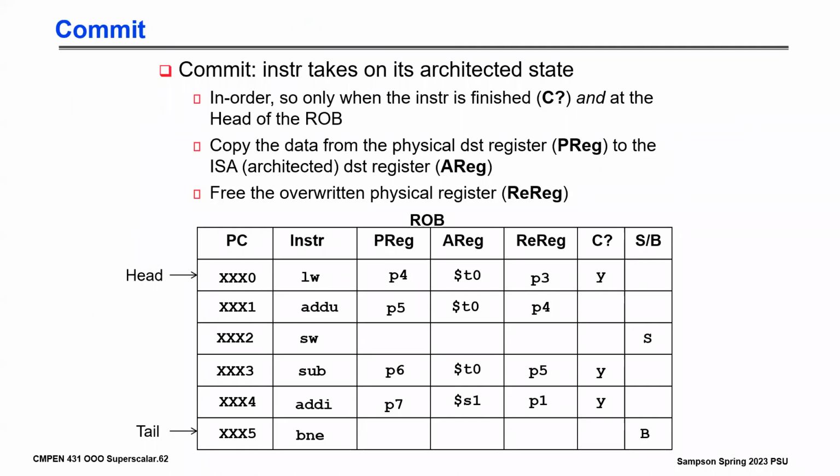Fine. Okay, so in our ROB, we need to know what instruction were you? What was the physical register you're writing into? What was the architectural register that you were in point of fact supposed to be updating? What was the register that you overwrote? Are you in fact done? Were you a store that needs to actually have its data promoted into the cache at some point? Are you a branch?